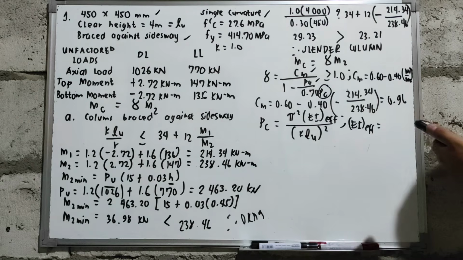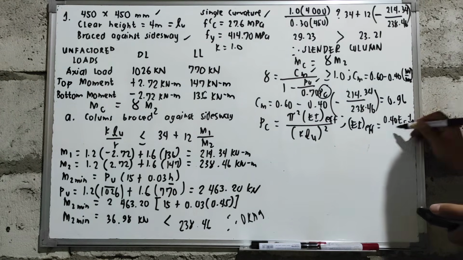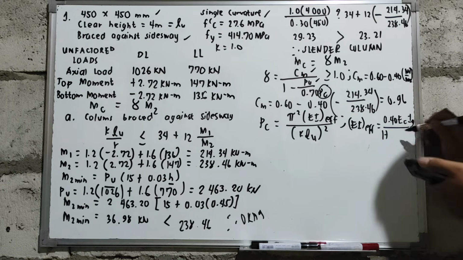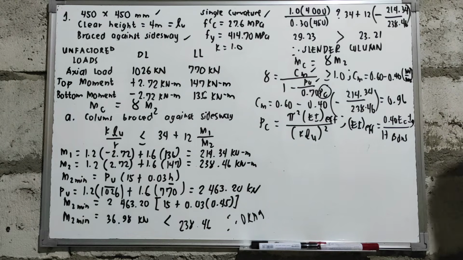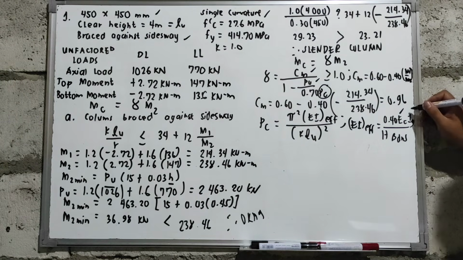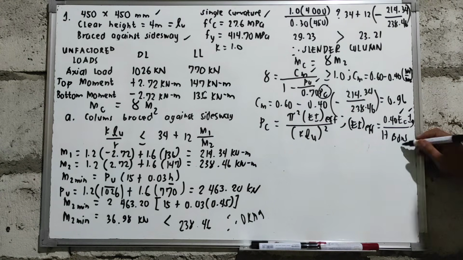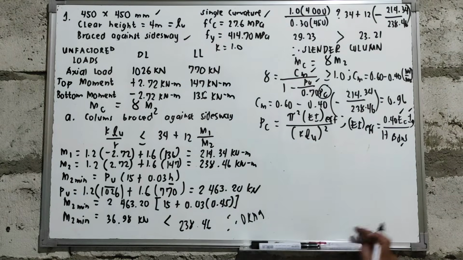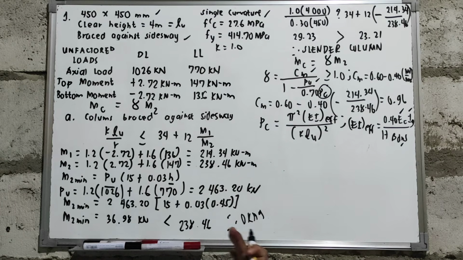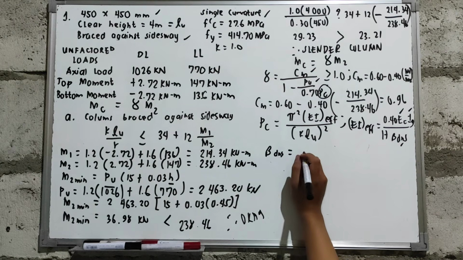natin. So by formula, gagamitin natin is 0.4 EC IG o yung gross inertia over 1 plus yung creep factor natin. So madali lang naman yung pagkuha ng modulus of elasticity at saka yung IG natin o yung gross inertia natin. So magkakaroon lang tayo ng problema dito sa creep factor natin. So in computing for the value of your creep factor, which is denoted by beta sub DNS, that is equal to factored sustained axial dead load.